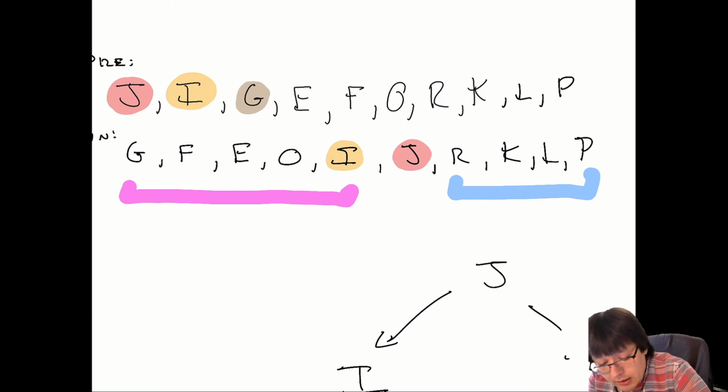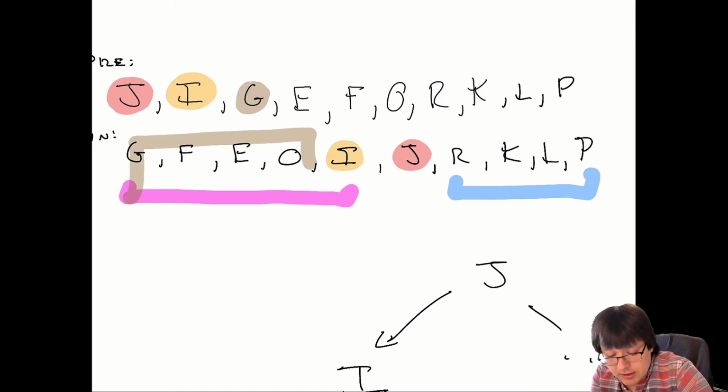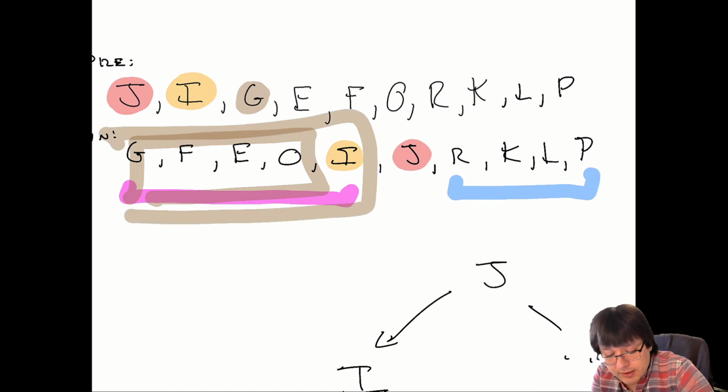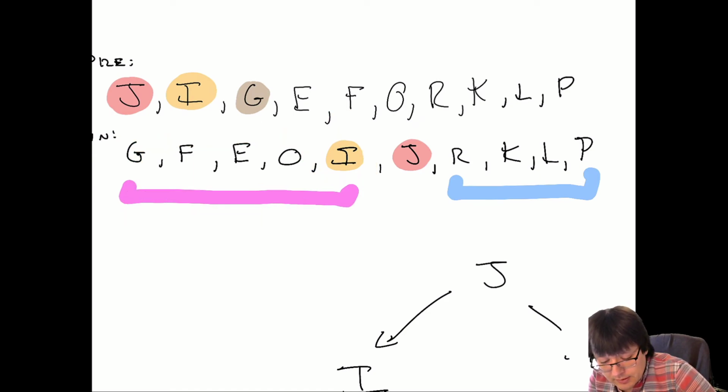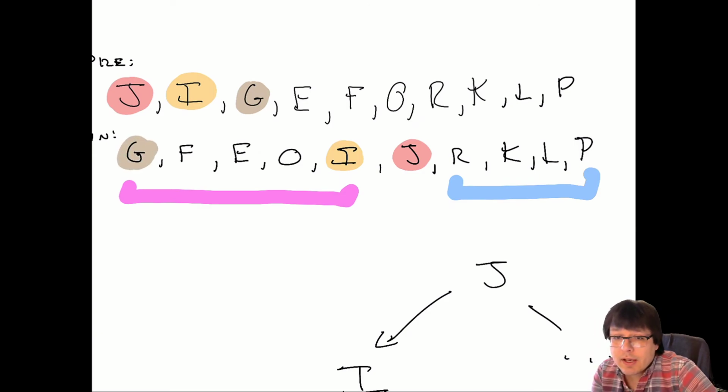So I only need to search in this part right here. It turns out that yes, G is indeed right here. That means that G is a child not of J, but of I.